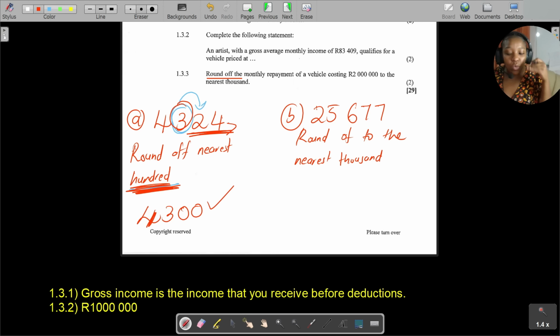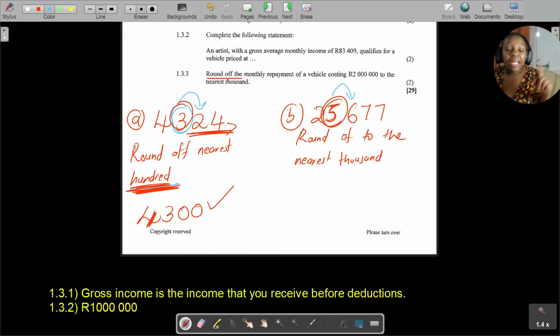Again, the question tells us to go to the nearest 1,000. Just go there. Nearest 1,000. Go to the number that represents the thousands. It's the 5. It's in the place value of the thousands. Then we want to determine if we want to change the 5 or not. What's going to help us determine whether the 5 should be a 6 or if it should stay as a 5? It's the number that comes before the 5.